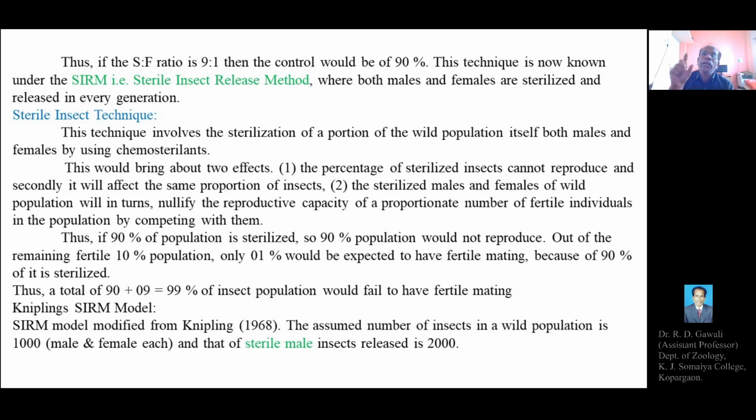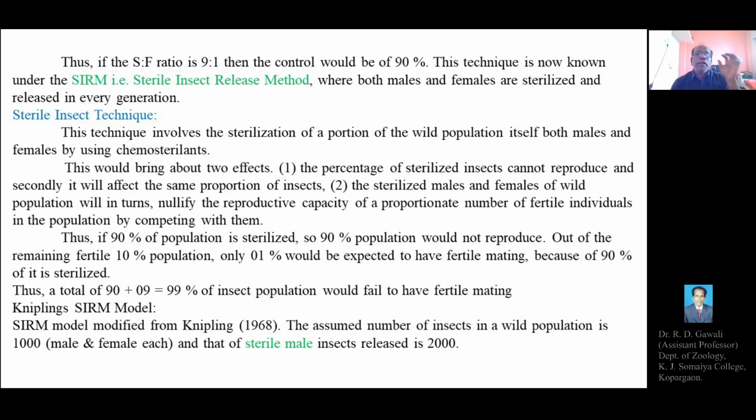And out of the remaining fertile 10% population, only 1% would be expected to have fertile mating because 90% of it is sterilized. So because of 90% sterile individuals in a fertile population of 10%, the probability of fertile mating will remain only 1%.